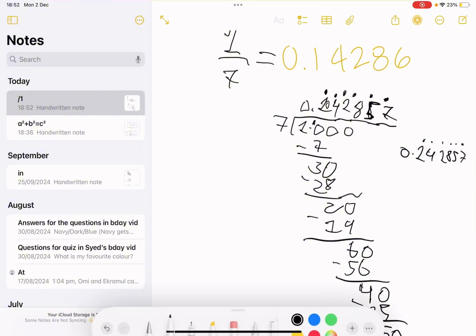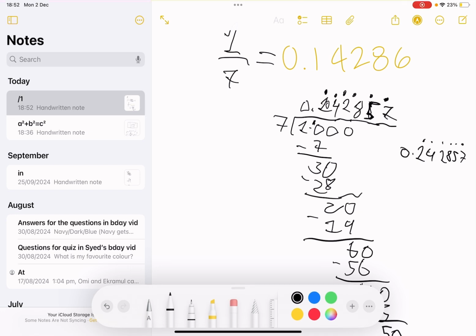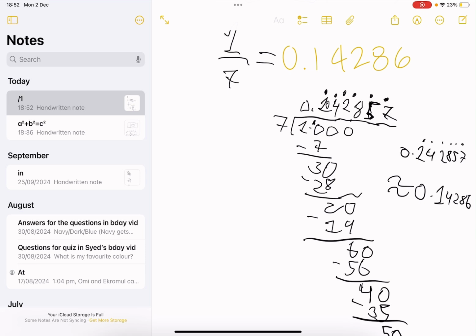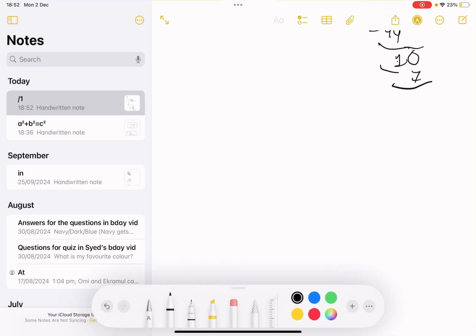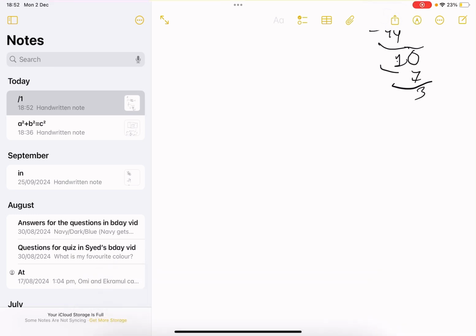And that's approximately 0.1428, because 5 and then 7, so that's about 6, rounding upward. That's probably one of the more confusing ones yet, but it's okay.